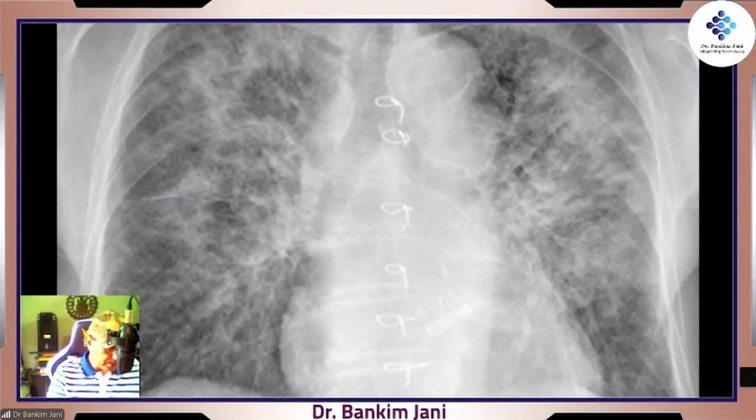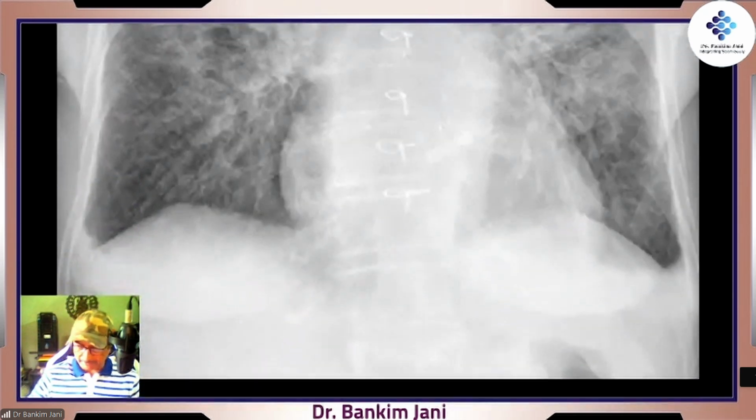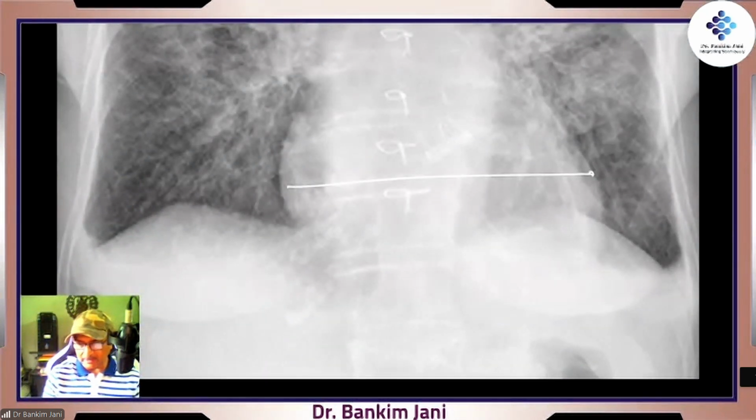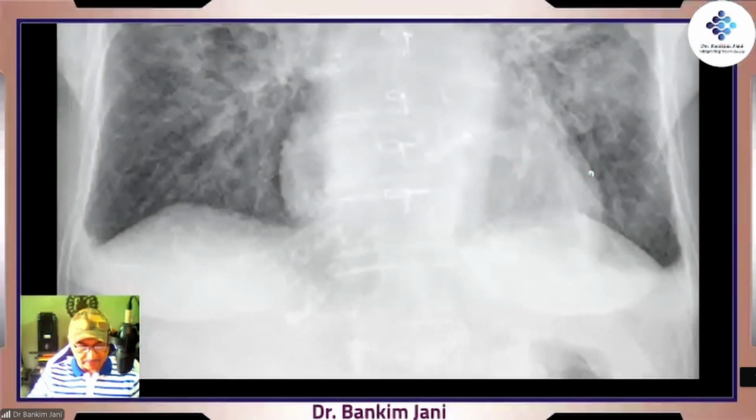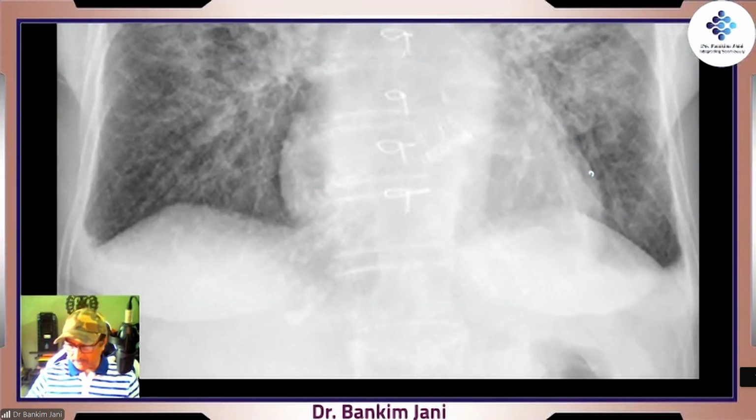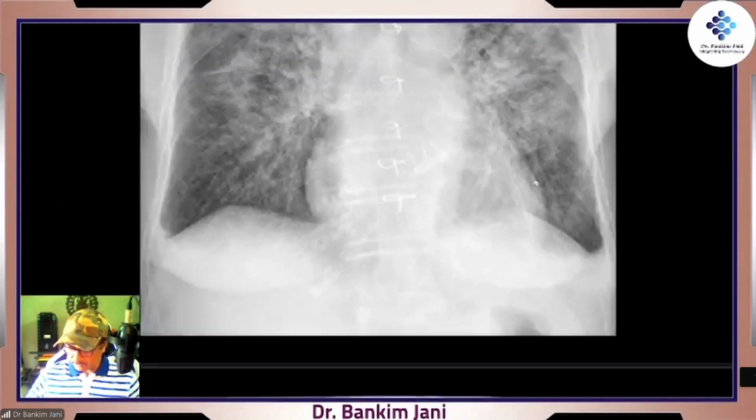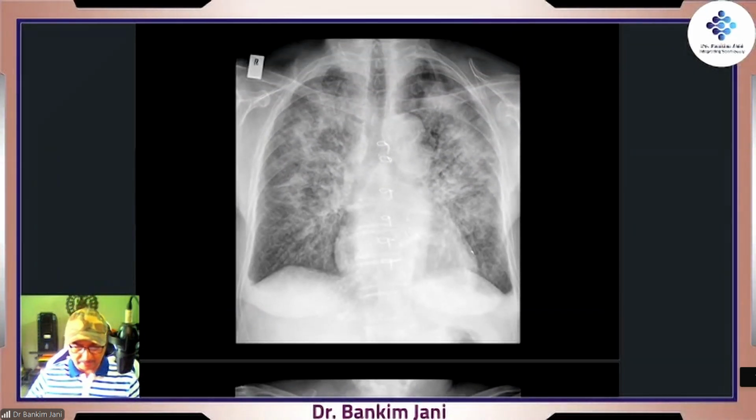Even these are the curly B lines. So many findings. Cardiomegaly, the heart is enlarged. Right. There is a right ventricular hypertrophy. We'll discuss this. This is a very good X-ray. So many findings in one X-ray. Even the bronchial tree, normally you don't see it, the entire bronchial tree is seen.